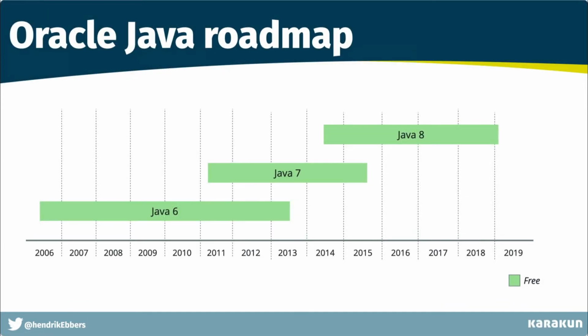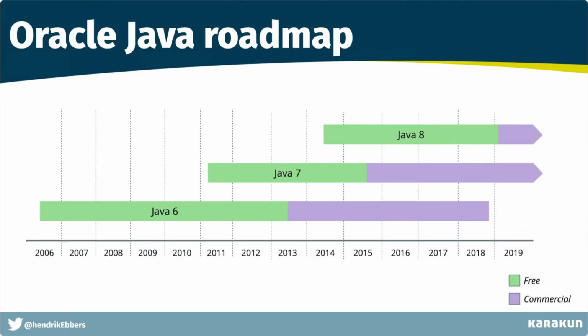And the period where you were able to download them, use them, and get free updates and security updates was quite large, and the overlapping between the versions was quite large too. And even if you are not flexible enough for that, you are able to buy commercial support. So Oracle provided commercial support, for example, for Java 6, 7, and 8 over this several years duration where you receive security updates for free.